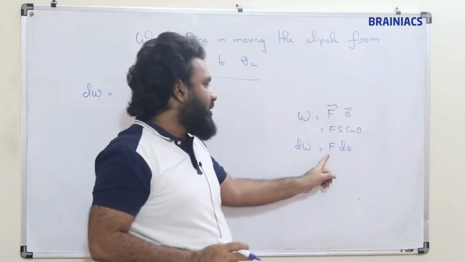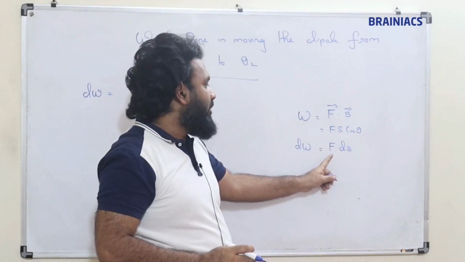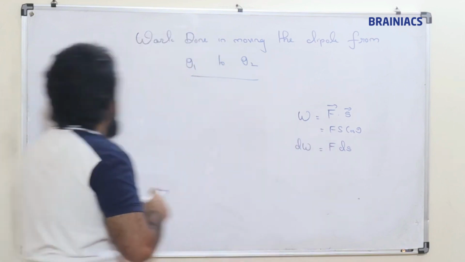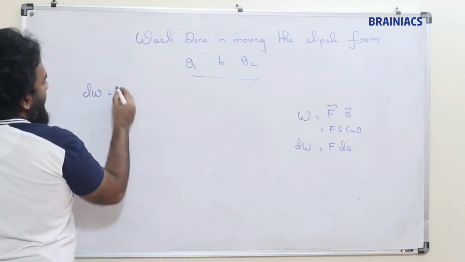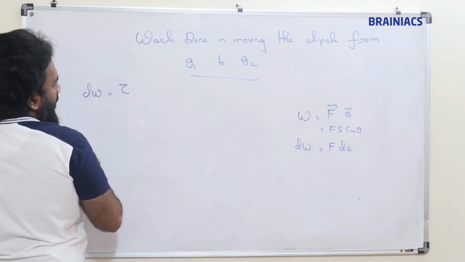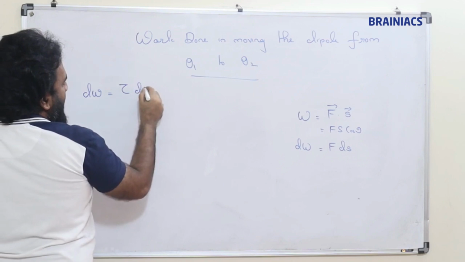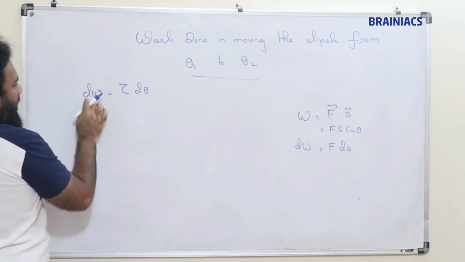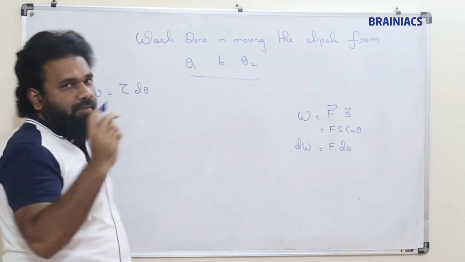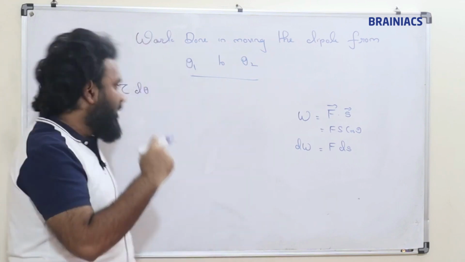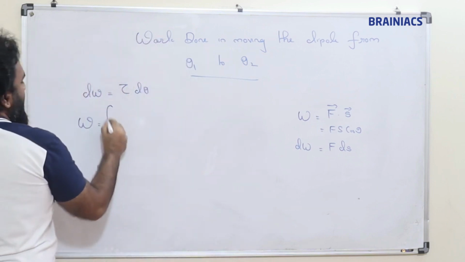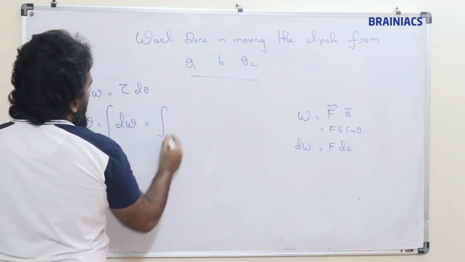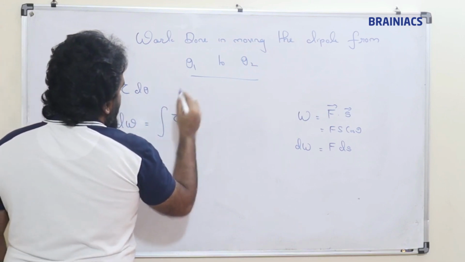If they are in the same direction, we remove the dot. If it is a rotational effect, then instead of force we put torque, and instead of ds we put d theta. Clear? So the total work done, adding all the small works for each angular displacement, is the integral of tau d theta.